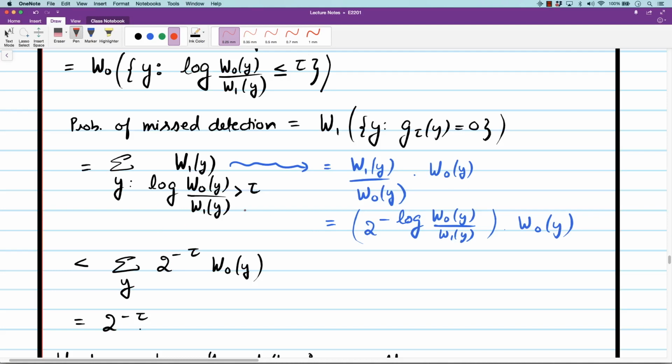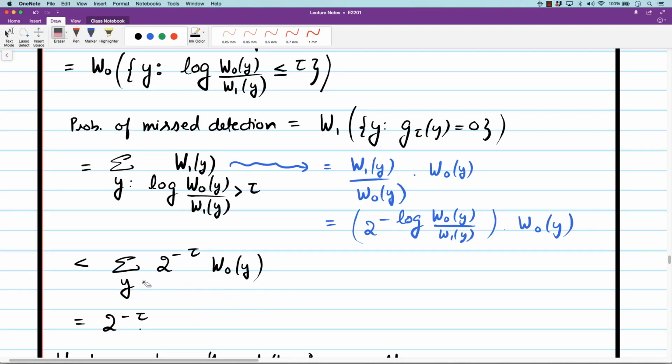So we made a measure change argument. We were first measuring the probability of this set under W1. We shifted it to a probability W0 at the cost of this additional factor 2 to the power minus tau. This summation is over the same set. However, if we remove this restriction, it will only increase the sum.